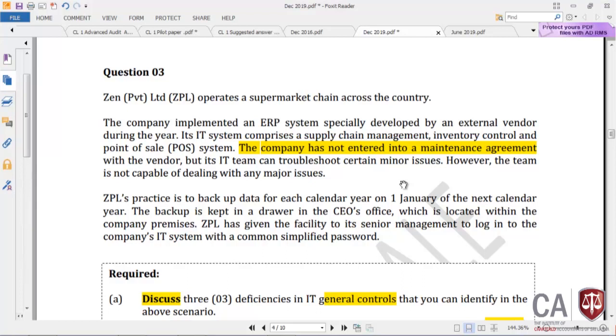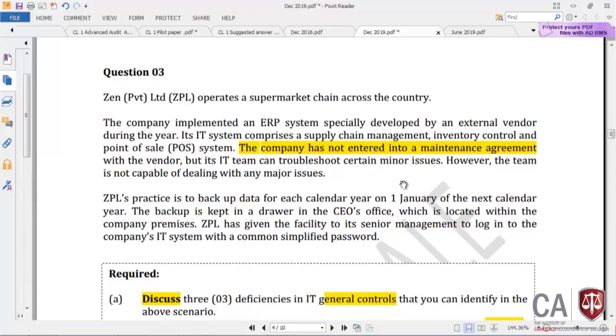Sometimes they may not support you, because there are no agreed terms. And the second thing is, if they don't support, we will not be able to continue our business, because this is tailor-made software. So accordingly, now you can understand, the company has not entered into a maintenance agreement is a general control deficiency.